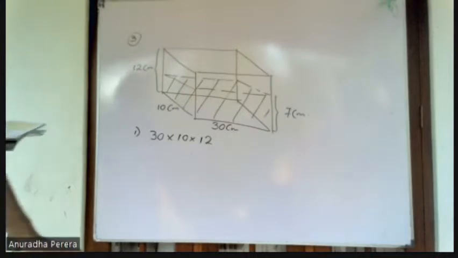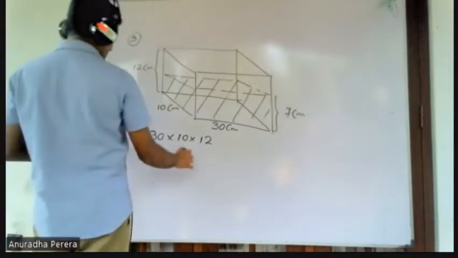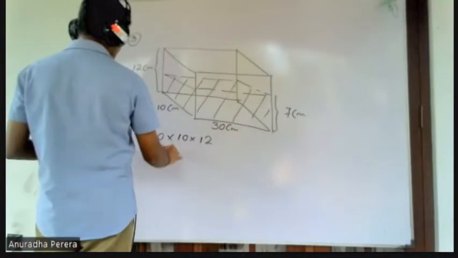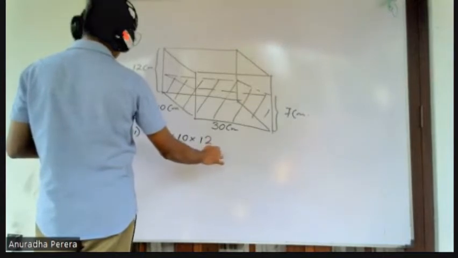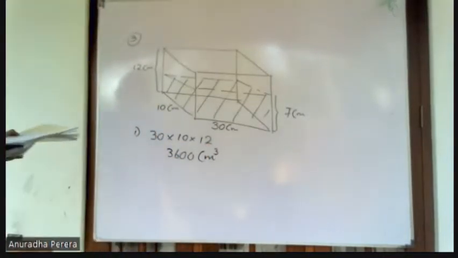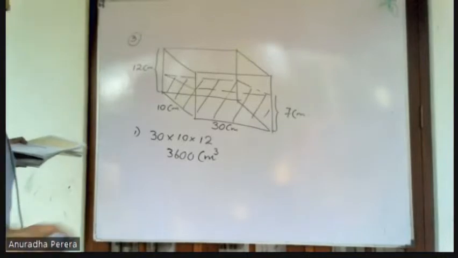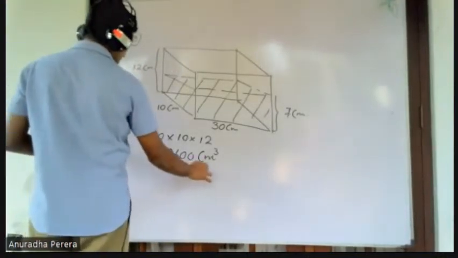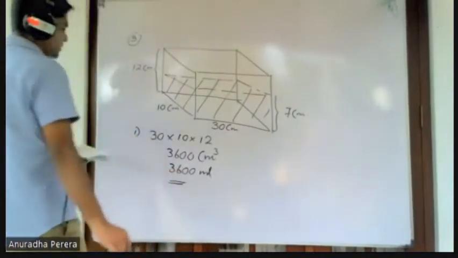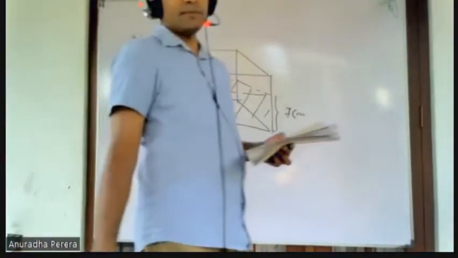The answer is 3,600 cubic centimeters, but we need the capacity. Capacity is 3,600 milliliters. Normally when representing capacity, we can use liters or milliliters.